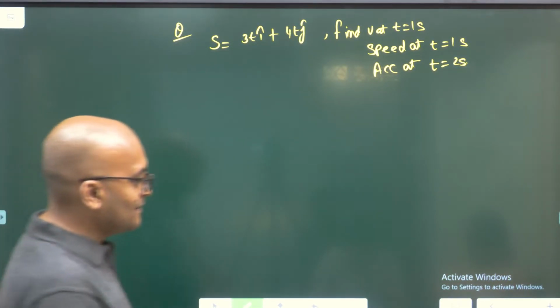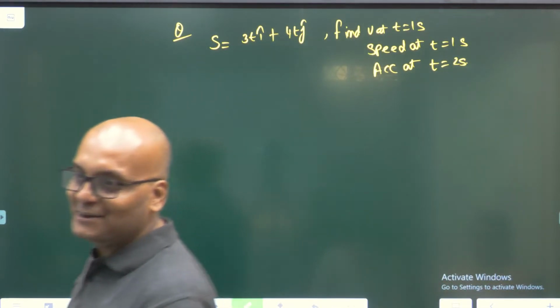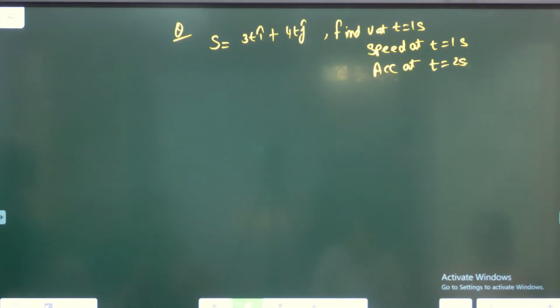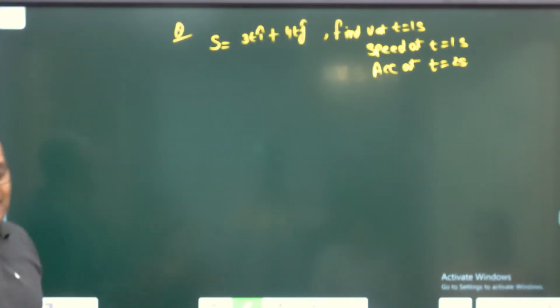What is V? 3i cap plus 4j cap. Very good. Exactly. And speed will be 5. Very good. You deserve a chocolate. Good. Yes, she is right, Disha.